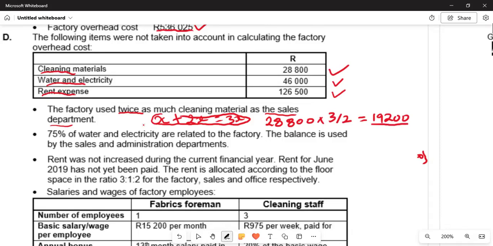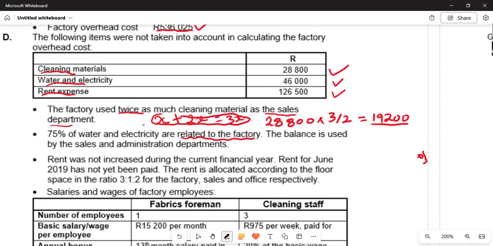Now let's move on to another adjustment, which is going to affect our water and electricity. They are saying 75% of water and electricity is related to the factory. So the balance is used by the sales and administration departments.